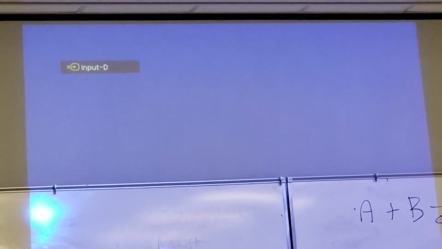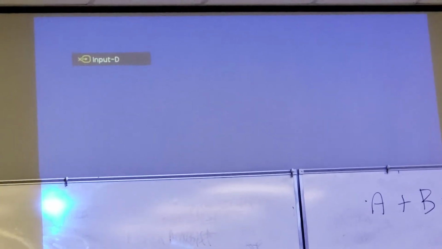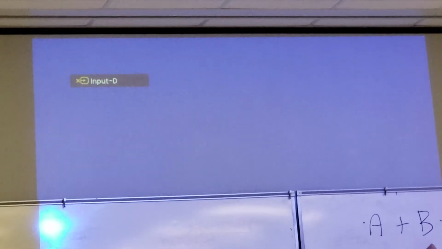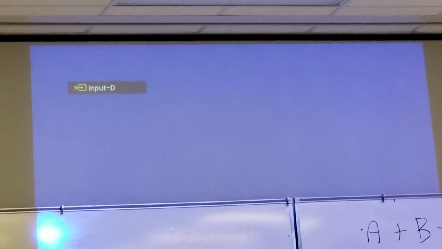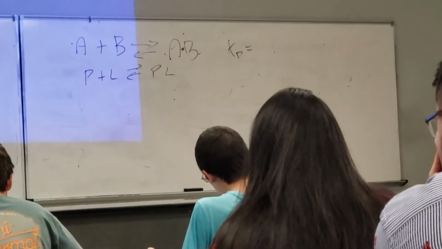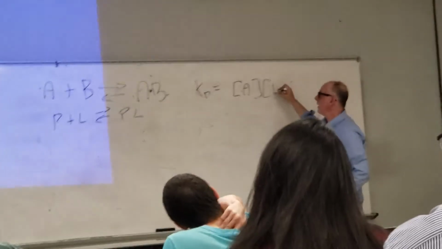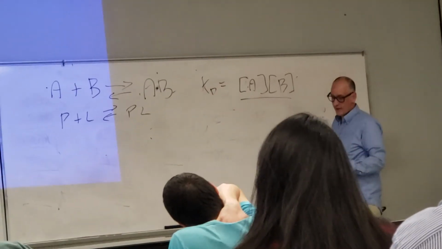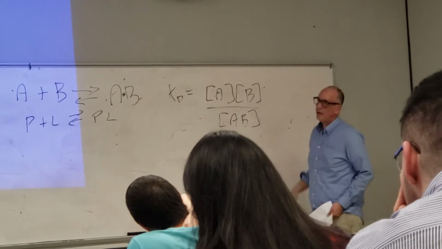What's in the numerator? That's going to be the concentration of A, the concentration of B, and then what's in my denominator? A dot B, or just AB.